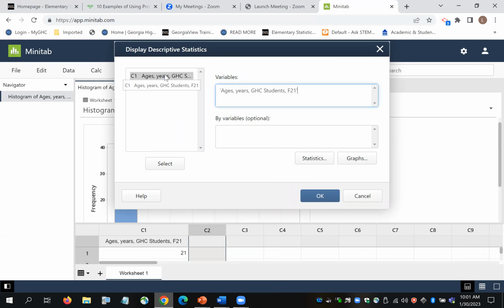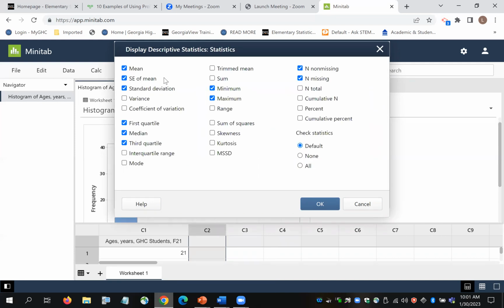Again, I'm doing age. Then I'm going to use this widget button labeled Statistics. I'm going to click on it, and it gives me a display of all the things it will calculate from the list, either on my homework problems, on the test problems, on class participation 6.